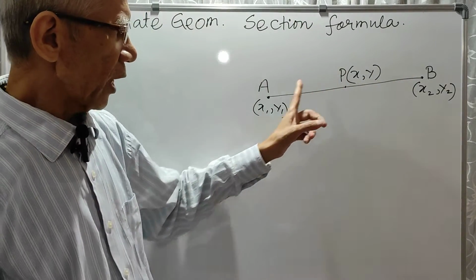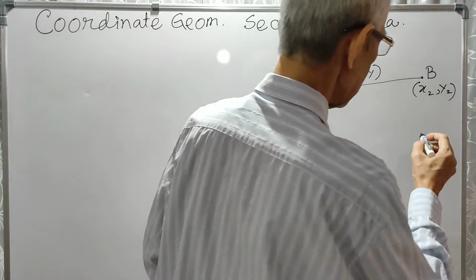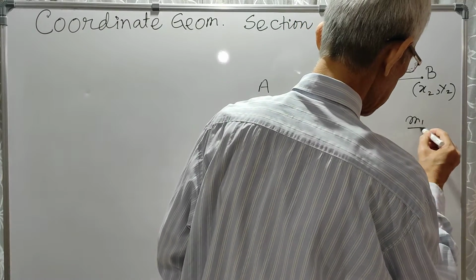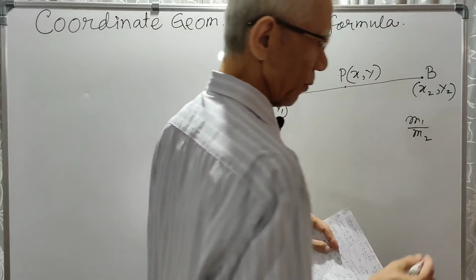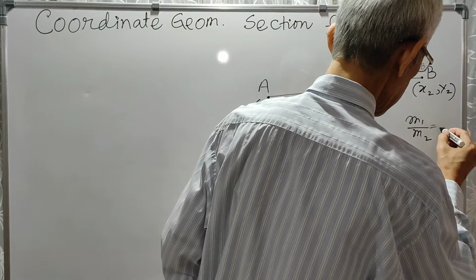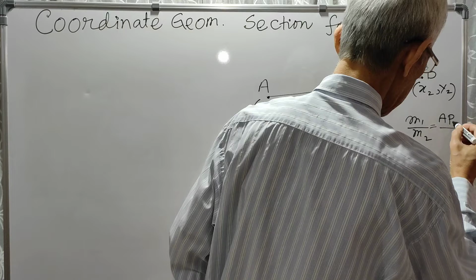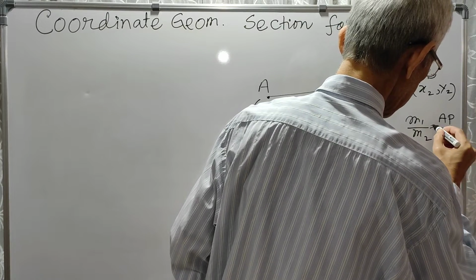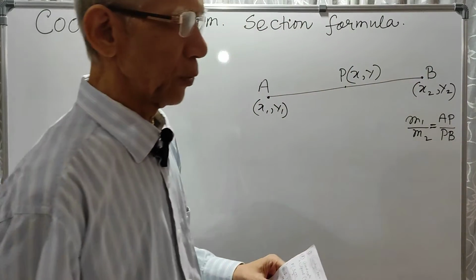Now, this P divides AB in the ratio m1 is to m2. That means AP by PB is equal to m1 by m2.